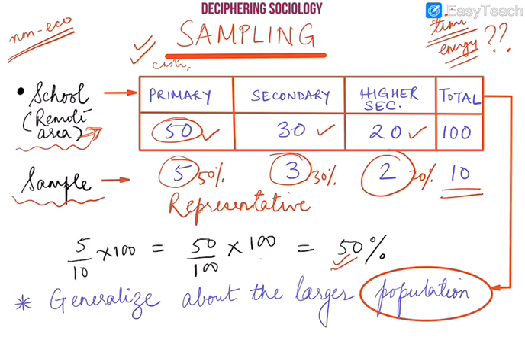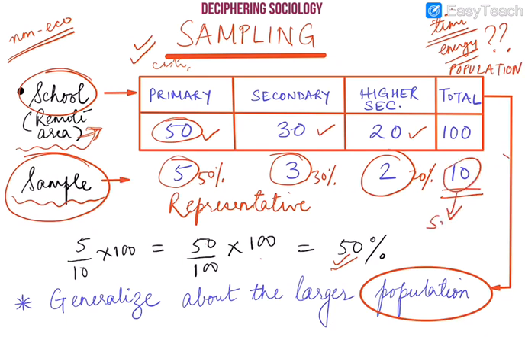So in economics or in statistics, this is how we do sampling. That means we ensure that the percentage of the sample of each category is same as that of the population. The total children or total students represent the population, while 10 students form the sample.